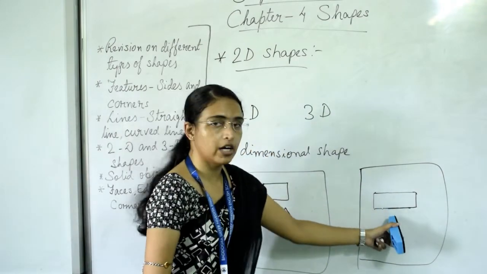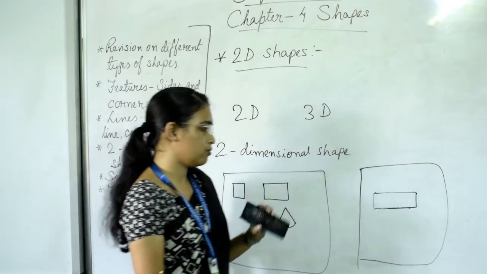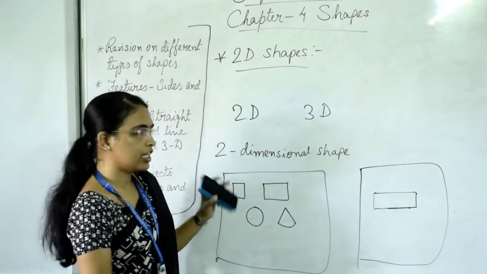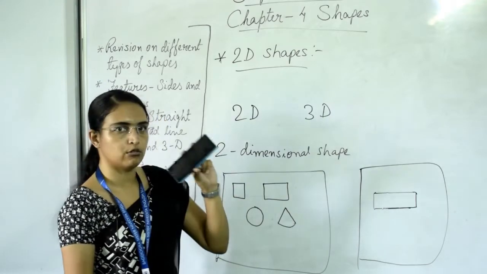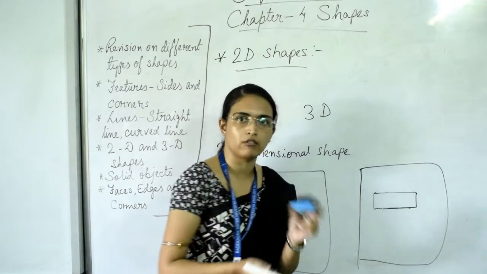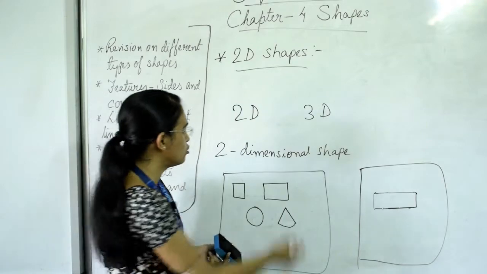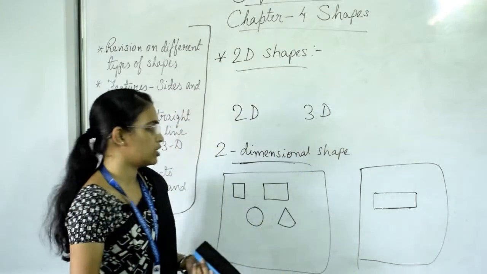This is the shape of a rectangle, right? So whatever objects you have near you, first take that object and put it on a white paper, and when you trace the outside line of that object, you will get a shape. That shape is called a 2D or two-dimensional shape.